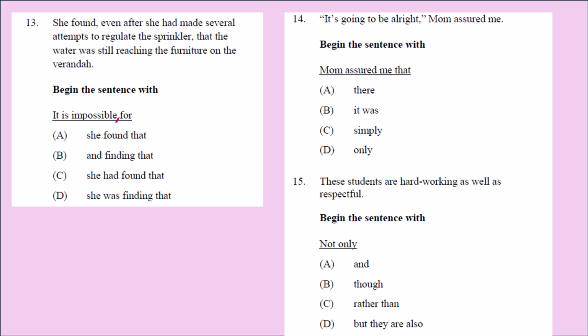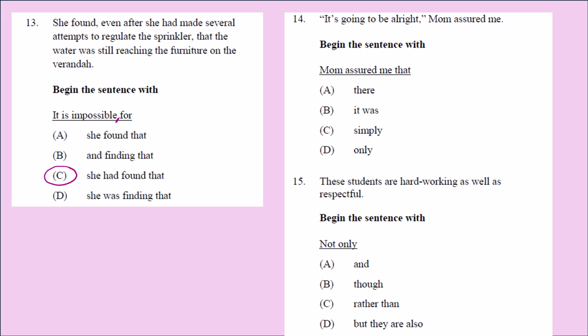So I've done that for you. So now our revised sentence would read, it is impossible for she had found that, even after she had made several attempts to regulate the sprinkler, that the water was still reaching the furniture on the veranda.